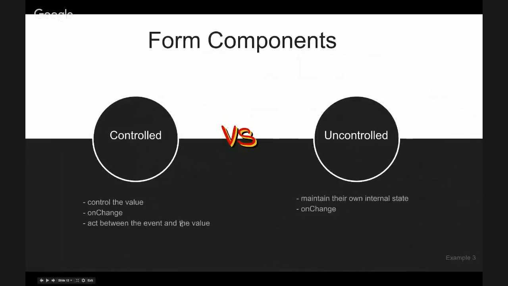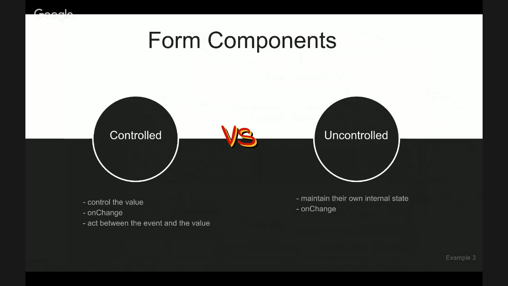So first, one more thing about form components. We have two ways of working with form components, which are called controlled and uncontrolled. You can think about this as the form elements being stateful and maintaining their own state. But you can modify this by just setting the value attribute from the parent element, and you're going to have a controlled component, which is going to behave almost like a stateless element.